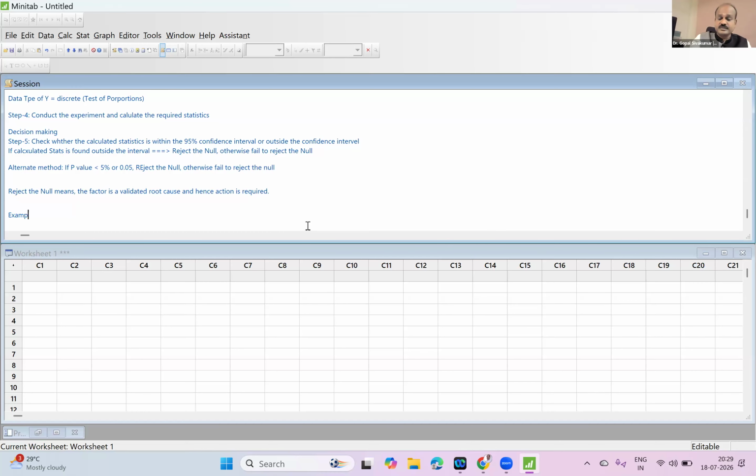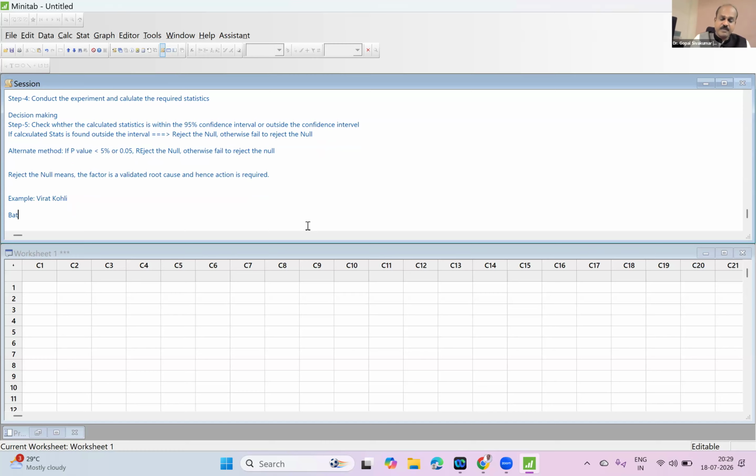Example. We all know Virat Kohli, right? Let us say, based on the run score and the data available, his batting average is 55 plus or minus 5.